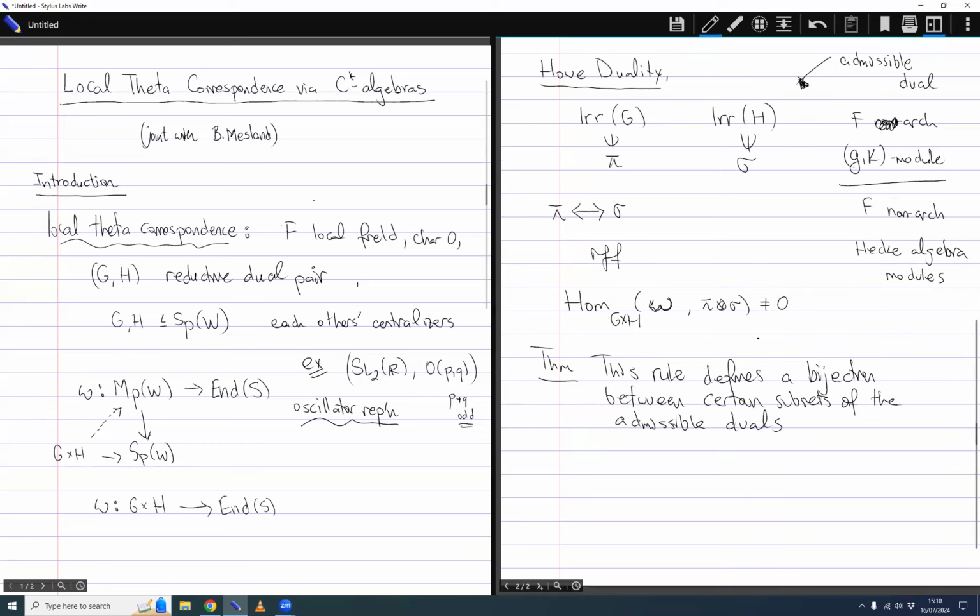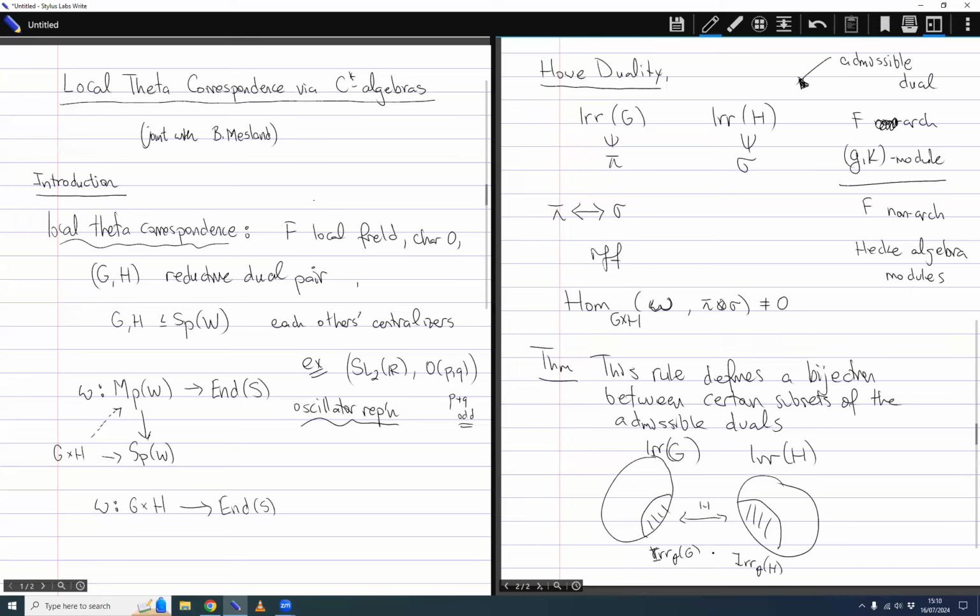This is the caricature. We have here the dual of G, here the dual of H, and we have some bijection between certain parts of these. Maybe we don't need to give a name to these subsets, but I might use this terminology much later. Yes, that's all there is.